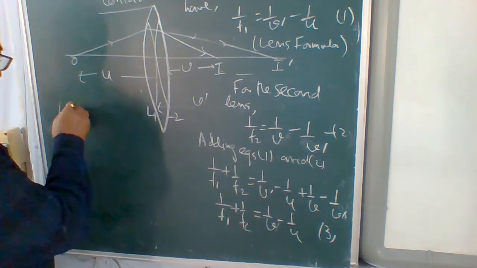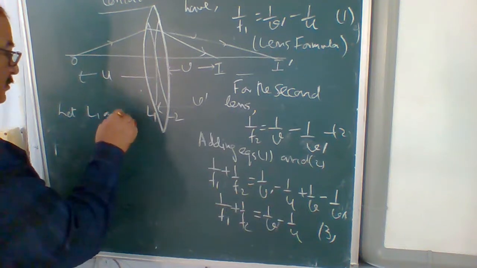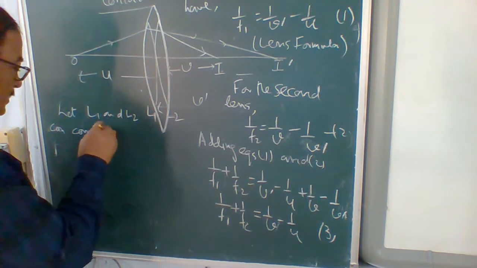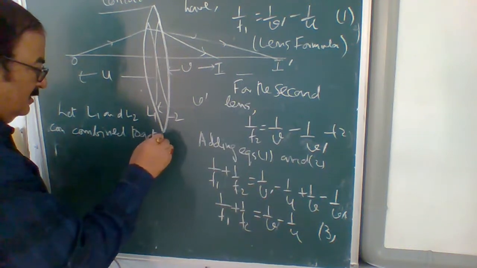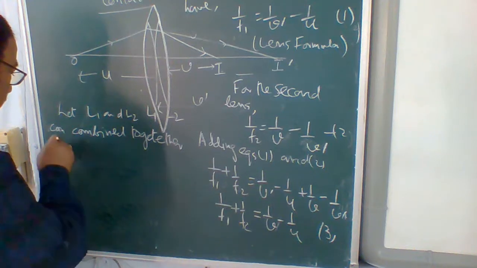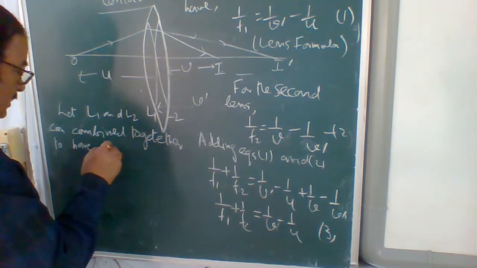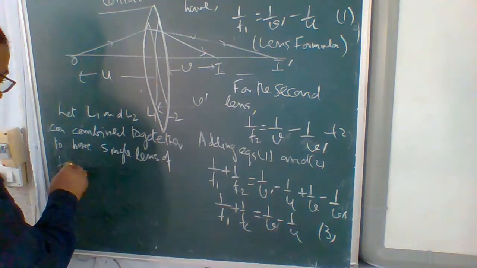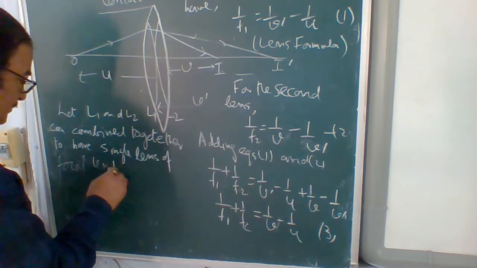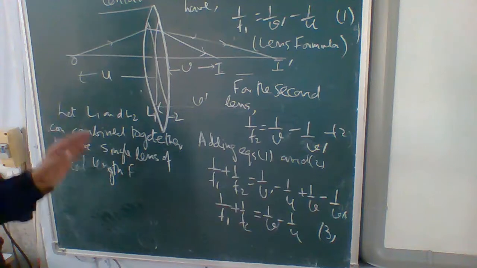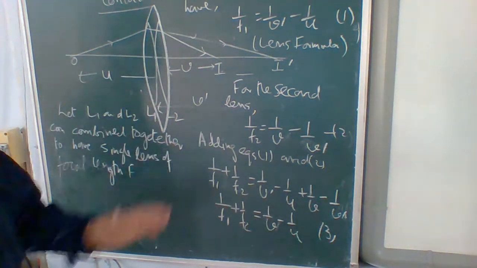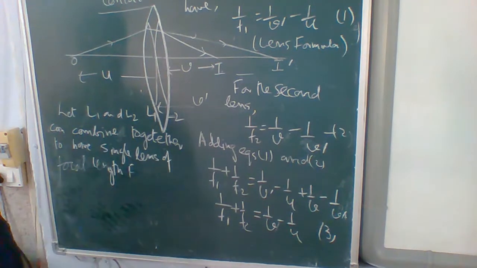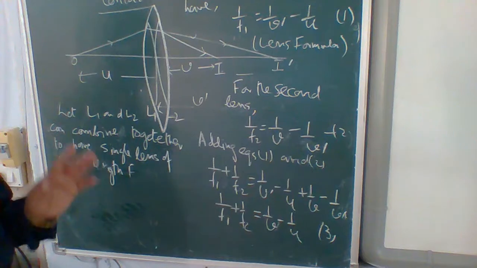Let L1 and L2 combine together to have a single lens of focal length f.